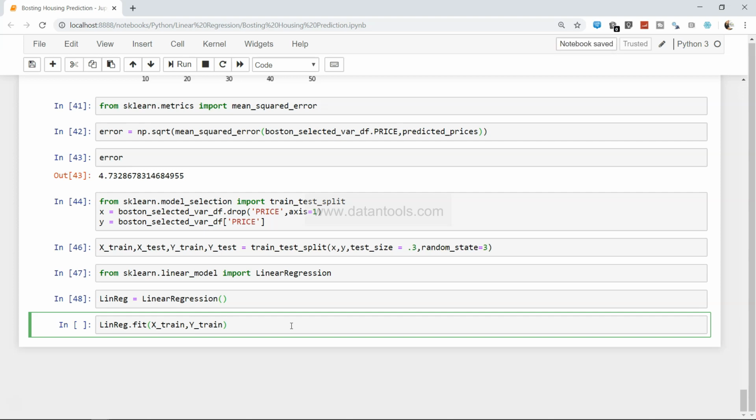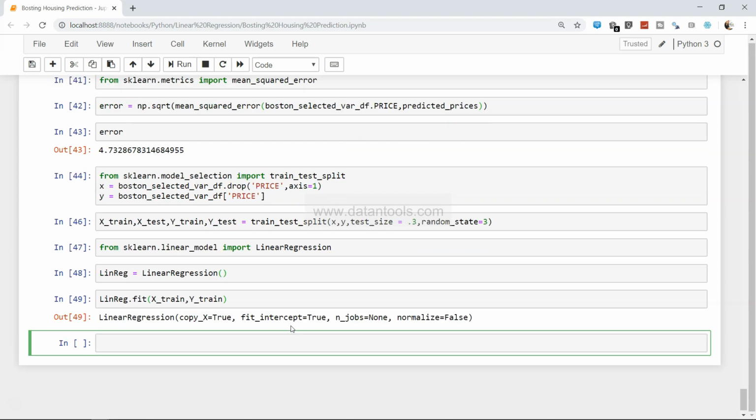We are taking both x train and y train, not the test, because test is our holdout data set. And now when we want to predict, we will use y_pred = linreg.predict on the holdout x_test, which is 30% of your values, as we have indicated over here, that test size is 0.3.